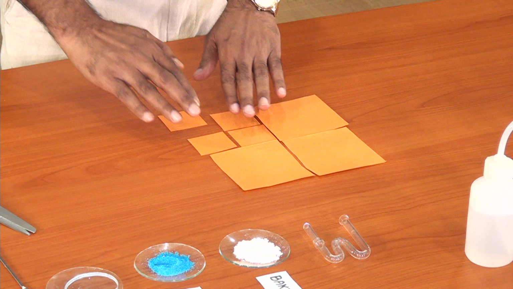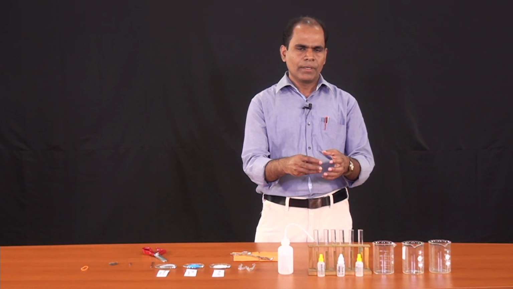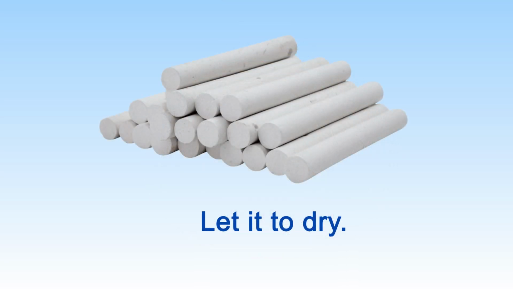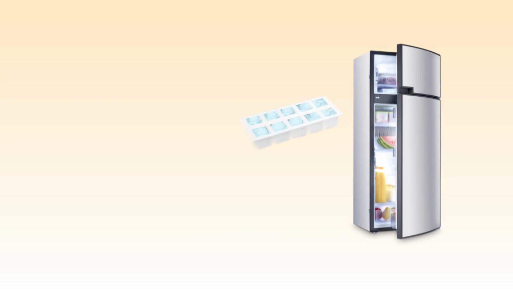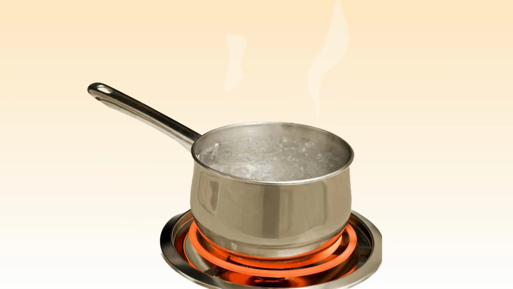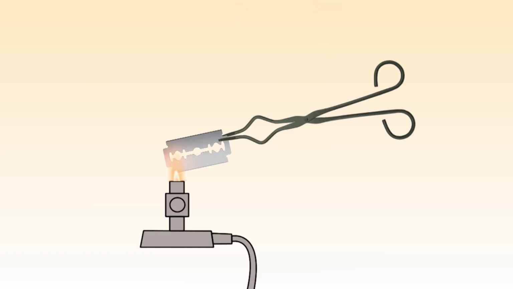So, in the last activity, what have you done? After heating a substance, its color changes. So, all these activities which we have performed or discussed: first is cutting a paper into pieces, second is making a paste of chalk powder and trying to get back the original chalk, third is melting of ice, fourth is change of water into steam by heating, fifth one is heating of a blade.